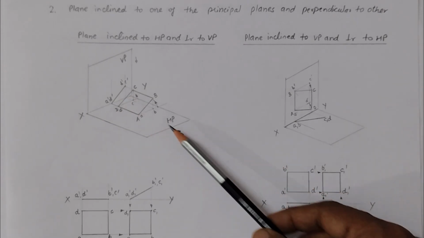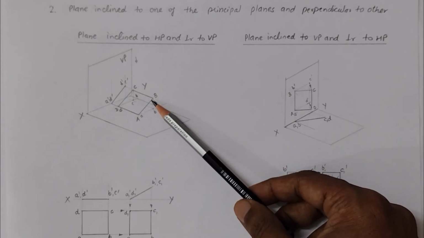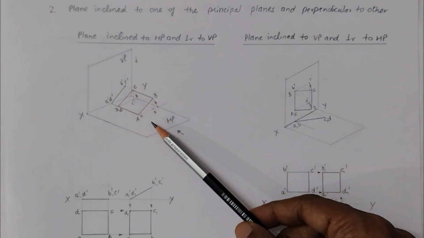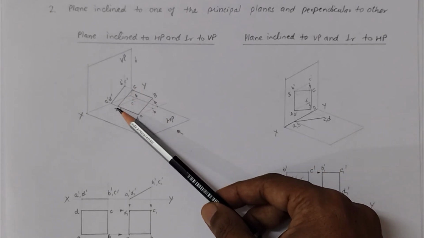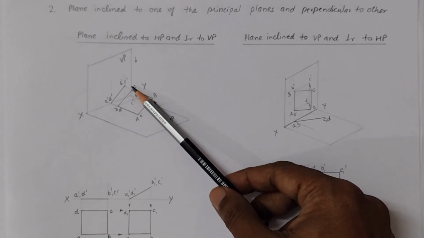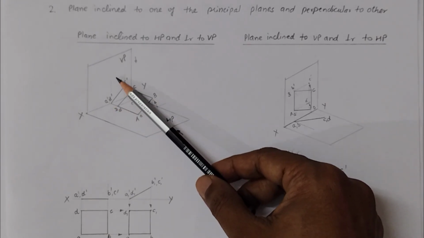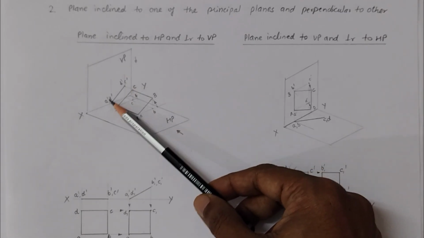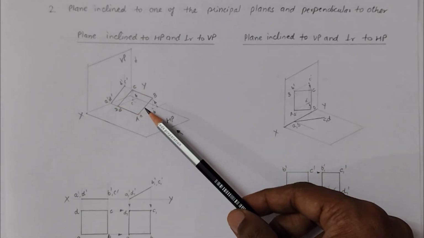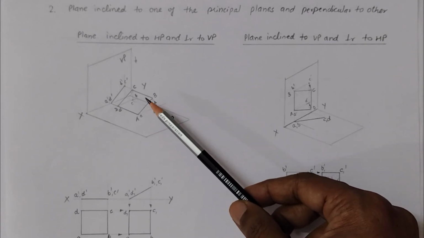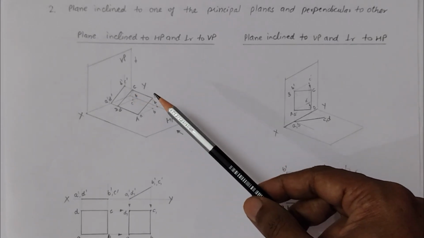So in the front view, we will get the projection of the plane as a straight line as mentioned here, because A and D will overlap, so we get a dash and d dash. Similarly, B and C points will overlap, so we get b dash and c dash projection over here. When we join these two points, we get the straight line. So this is the projection of the plane when the plane is inclined to HP and perpendicular to VP.